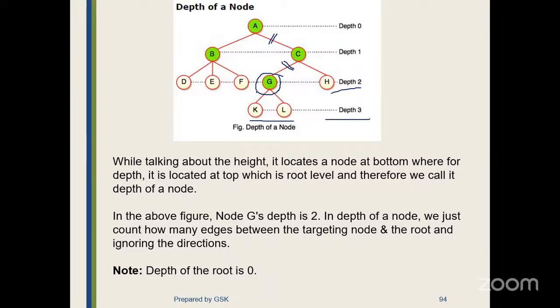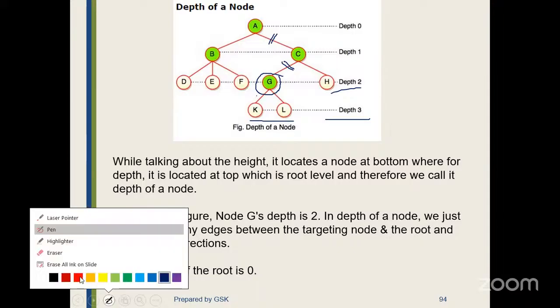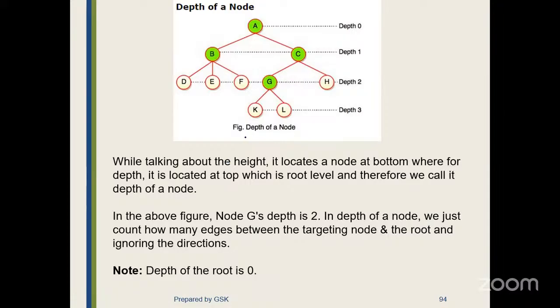Because how many edges do we have from K to the root node? 1, 2, 3. Three edges from K to the root node. So the depth is 3 for K and L also. So this is about depth.